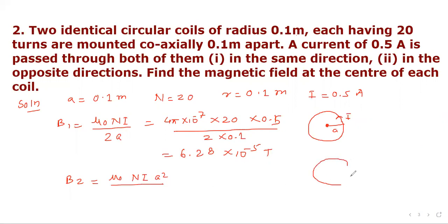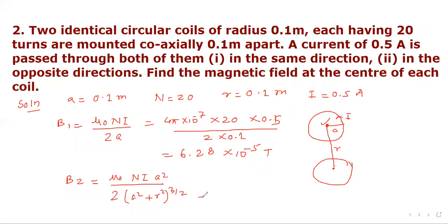So this is another coil and we want to find out the magnetic field due to this coil at its center. In that case, B2 equals mu naught N I A square divided by twice of (A square plus R square) whole power 3 by 2.